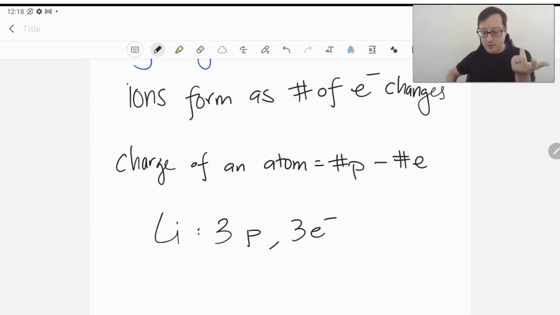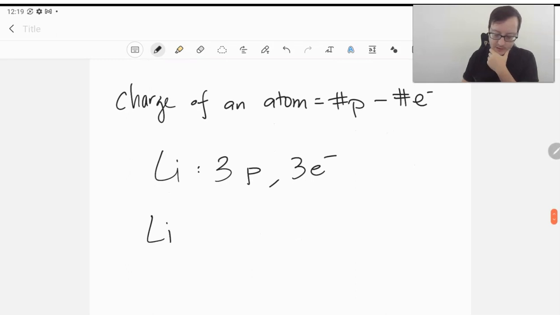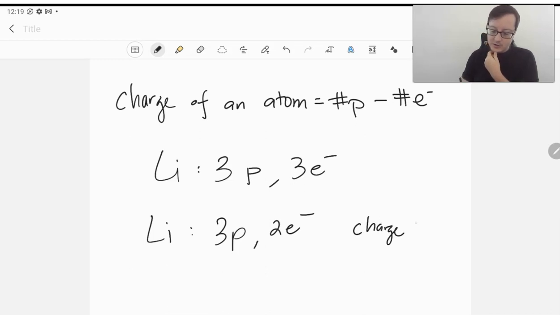The charge, therefore, is 3 minus 3, which is 0. However, if lithium loses an electron, meaning it now has 2 electrons, the charge is 3 minus 2, which is plus 1.